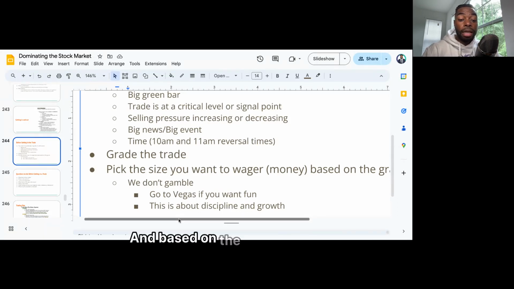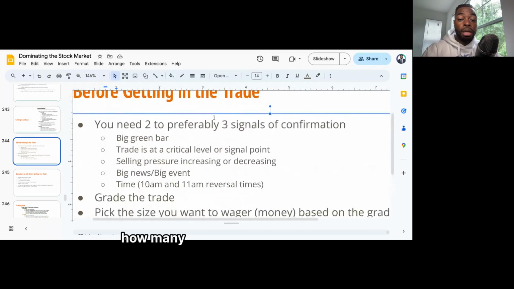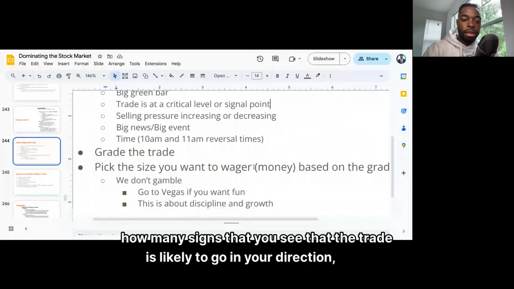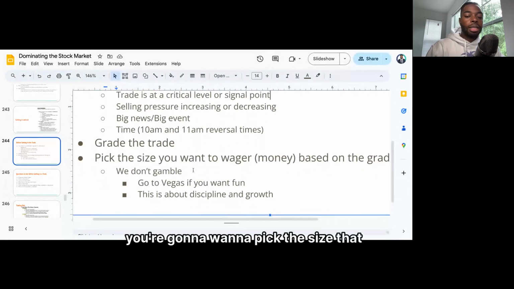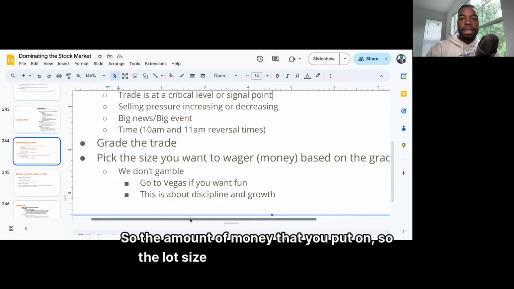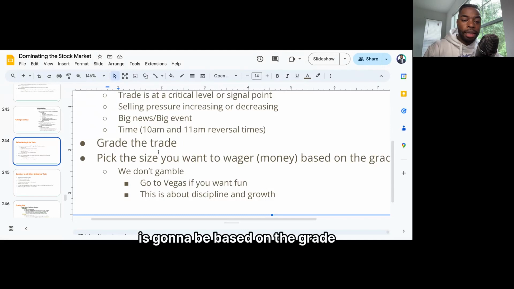Based on the grade of the setup that you see, and how many signs that you see that the trade is likely to go in your direction, you're going to want to pick the size that you want to wager. So the amount of money that you put on, the lot size or the port size, is going to be based on the grade of the trade.